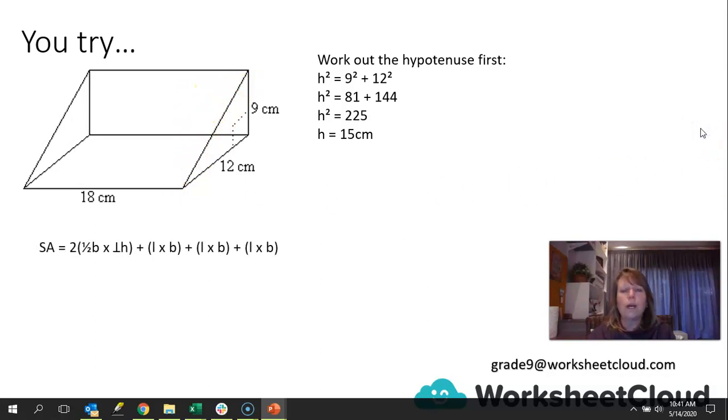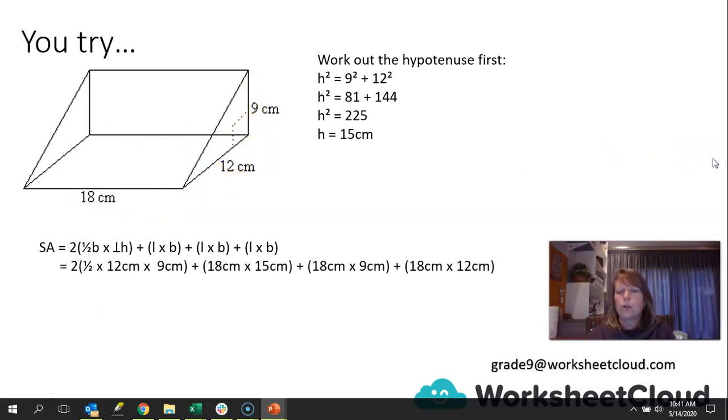So we now have to do 2 times half the base times perpendicular height, which we've got 12 and 9, so half the base would be 6. And then we're going to have to work out 18 times 15 because that's that side, and then 18 times 12, and then 9 times 18. Let's see.